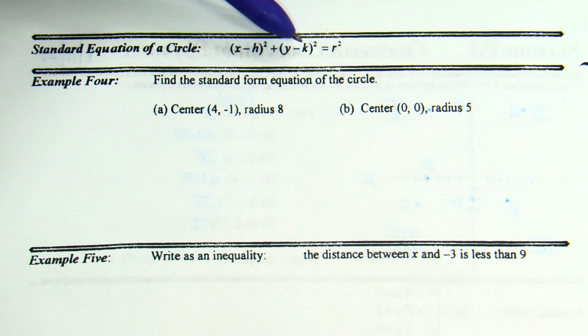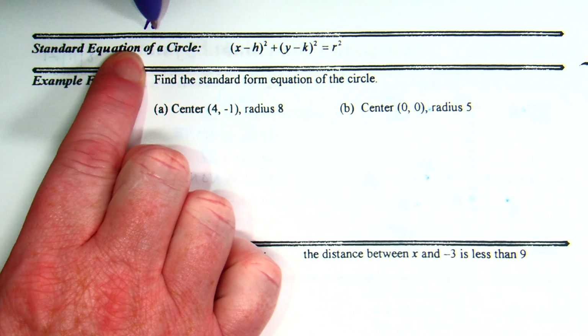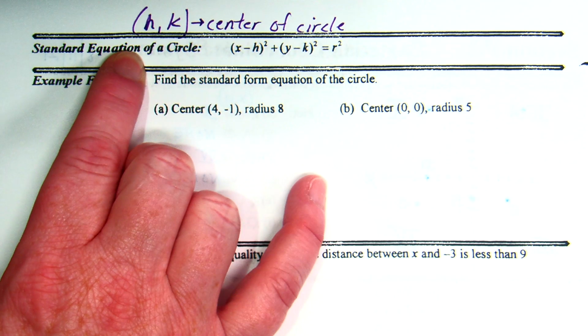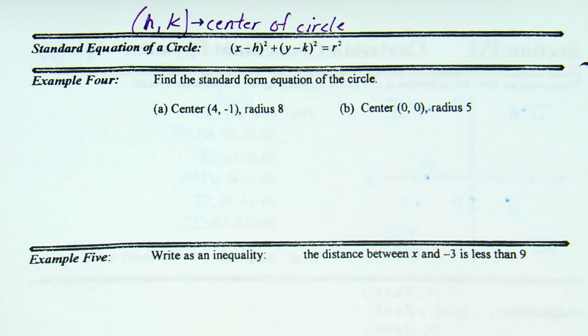The idea is that the h and k form an ordered pair that represents the center of the circle. So if the circle is centered at, say, (3, 5), then you move your circle over 3 and up 5 for the center of the circle.